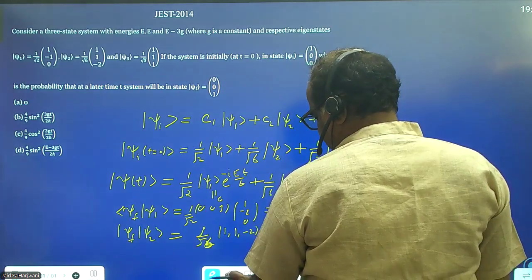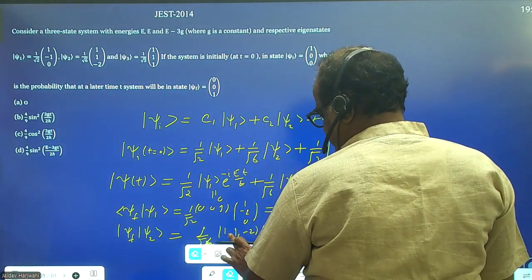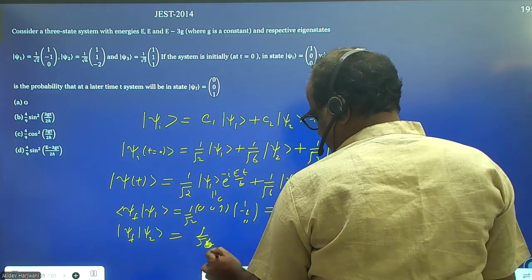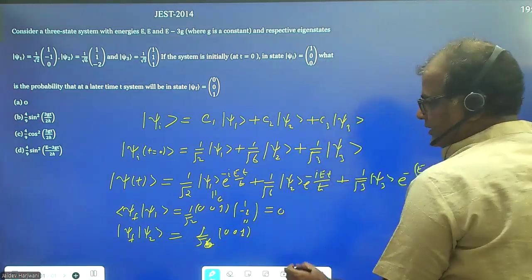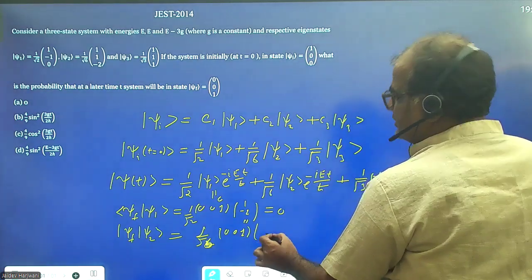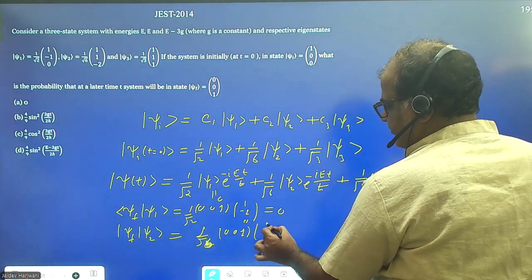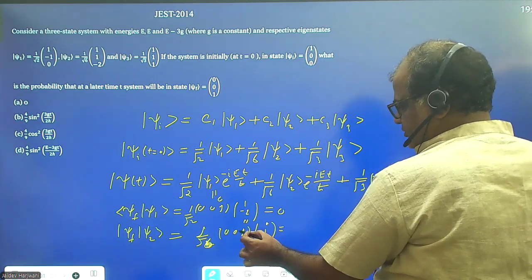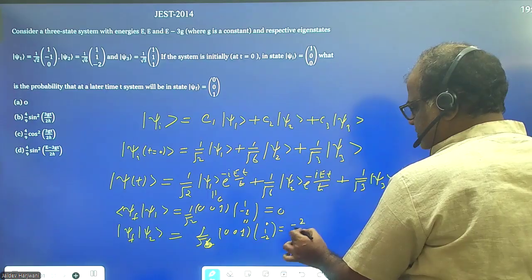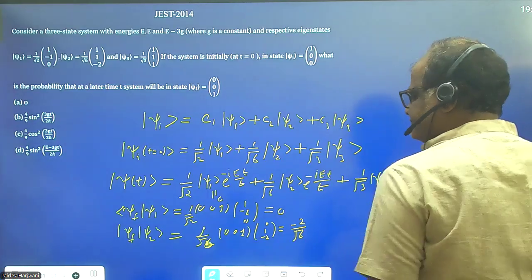So you have to write here 0 0 1, and then you have psi 2 is 1 1 minus 2. So this term 0 0 minus 2, so this is minus 2 by root 6.